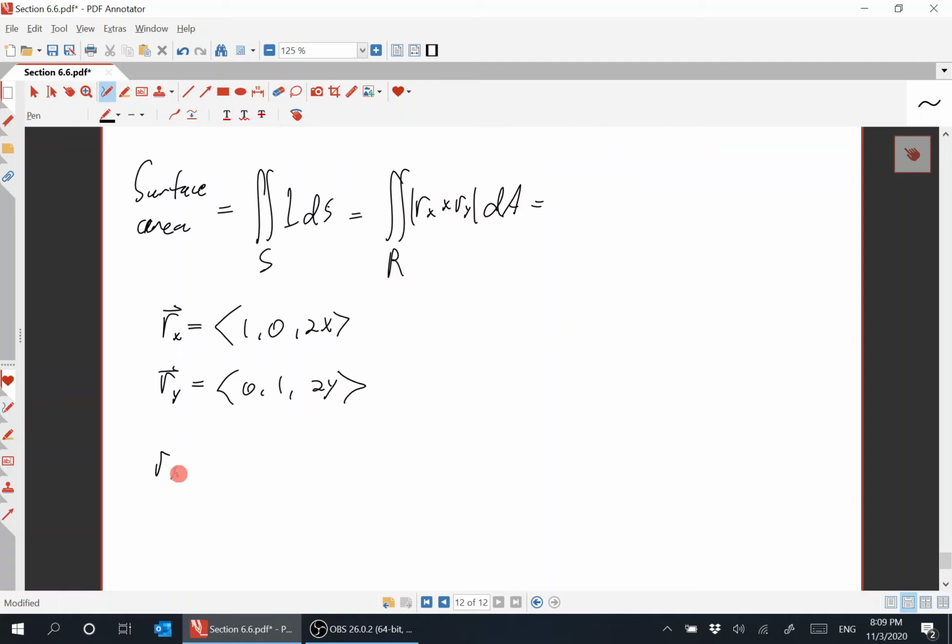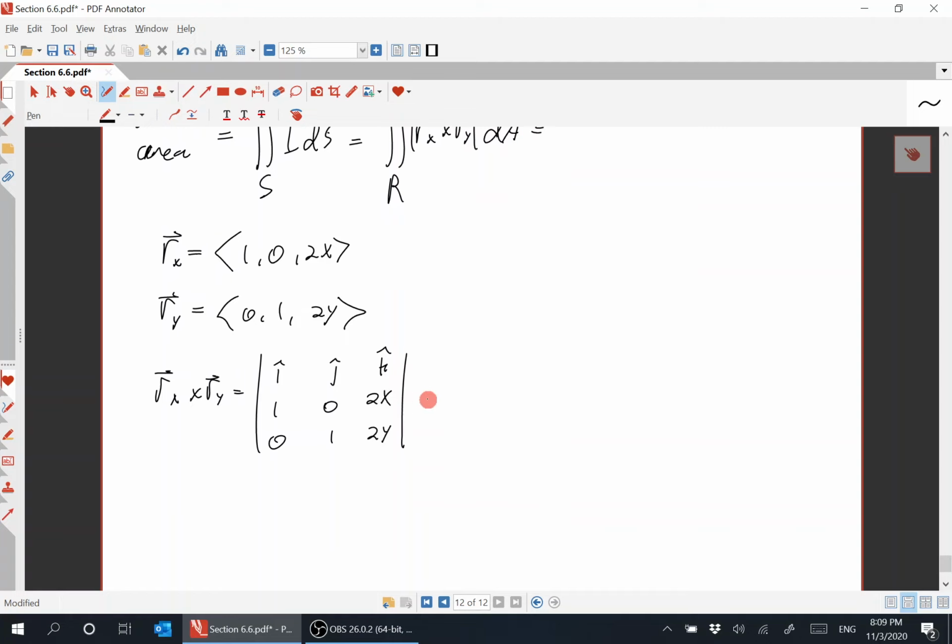So rx cross ry is i, j, k, 1, 0, 2x, 0, 1, 2y. So this is equal to minus 2x, minus 2y, 1.